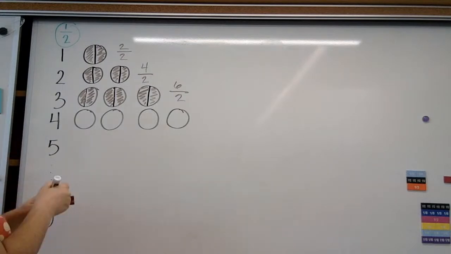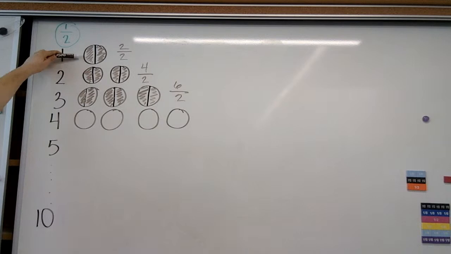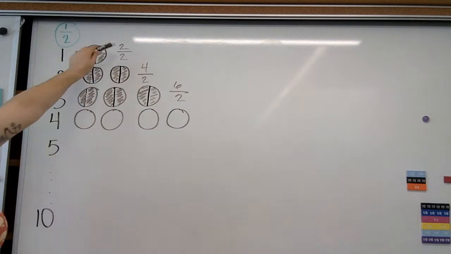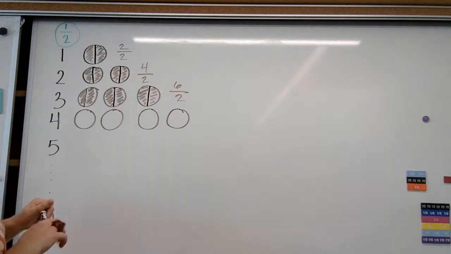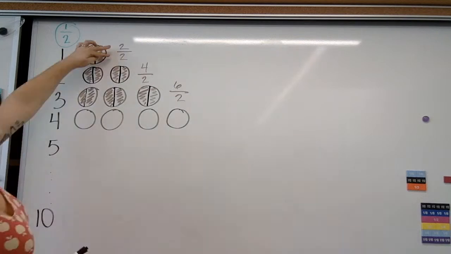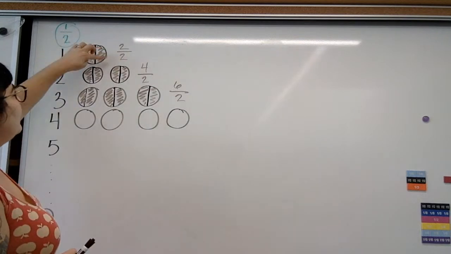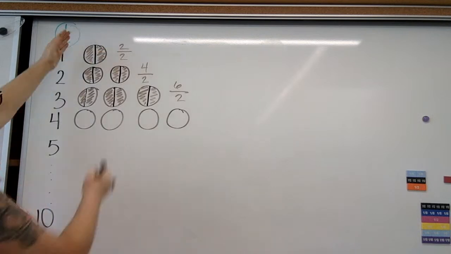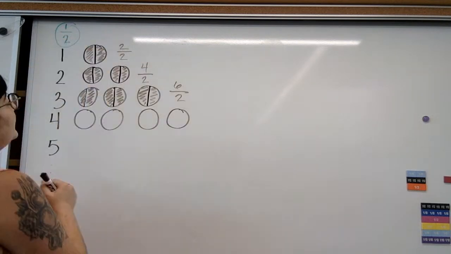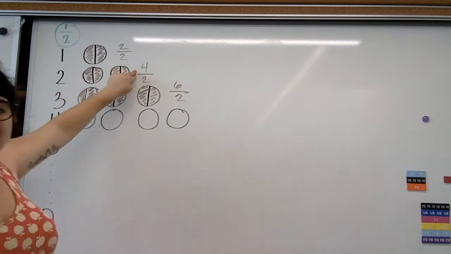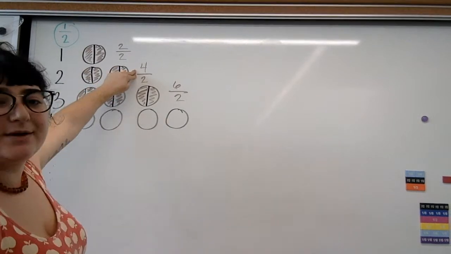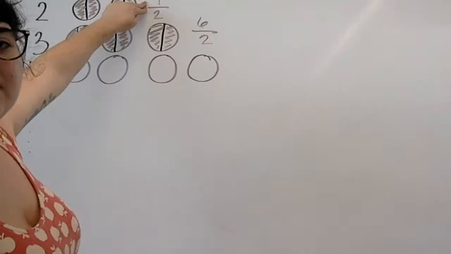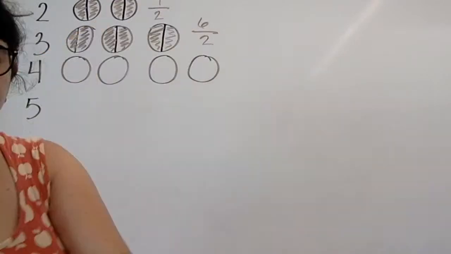I really like what we're noticing here. Now, take a look at these different equations. Once we have more of the pieces than there are of how many times we've cut it up, this is when it becomes an improper fraction.